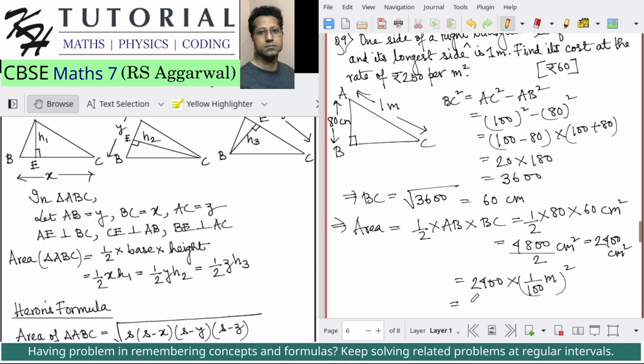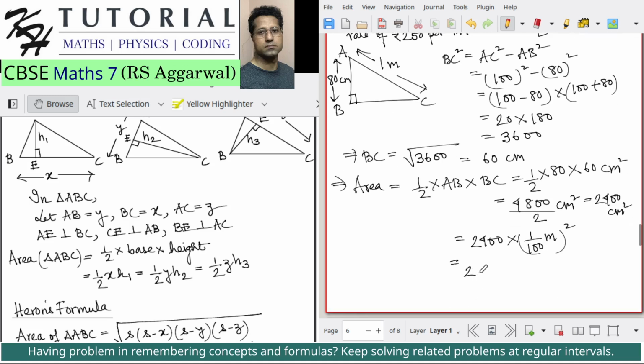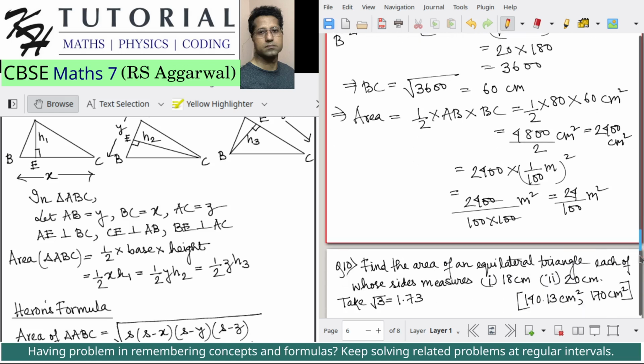So this is equal to 2400 divided by 100 multiplied by 100, this much meter square. And this is equal to 24 by 100 meter square, which is the area of the triangular scarf.